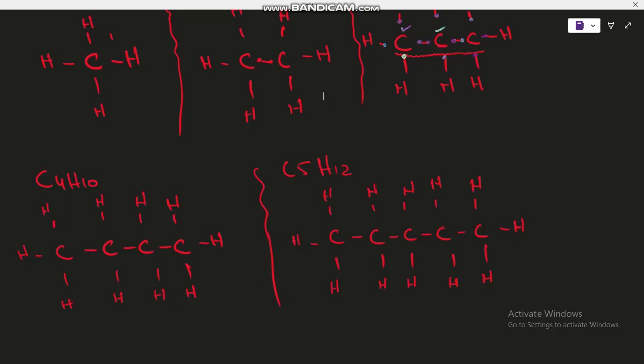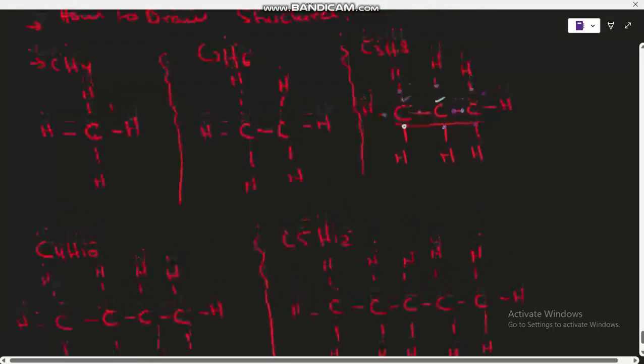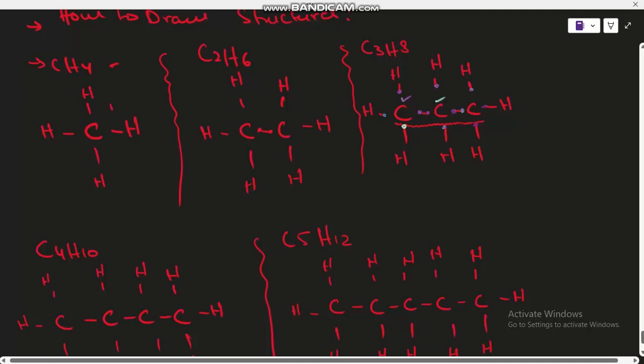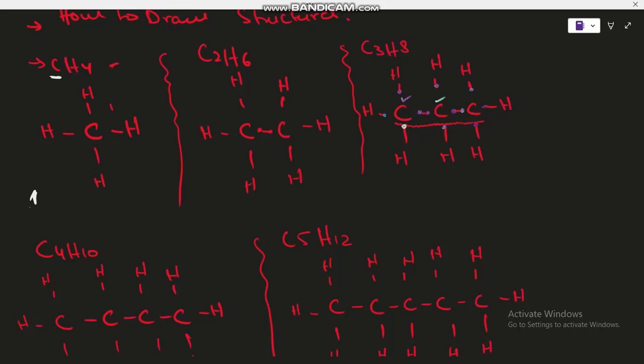Now, using these structures, how can we also name them? Let's take the example of CH4 first. Let me change the color here so that we have a little bit of differentiation. Okay, so here the number of carbon atoms is 1, which means the molecule is going to be meth.